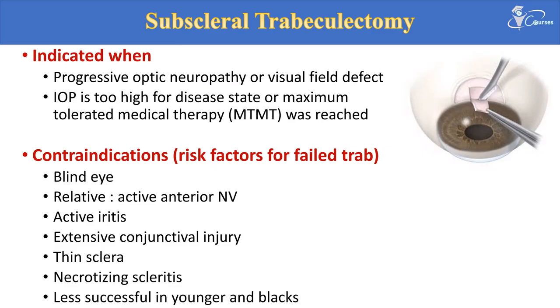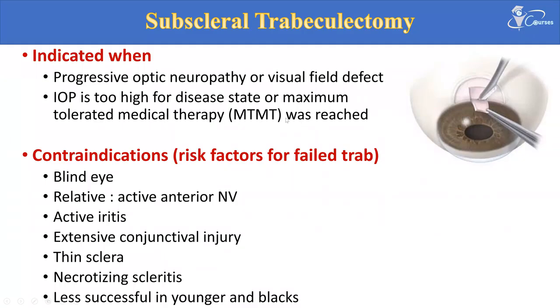So when should we do the subscleral trabeculectomy? The clear indication is when there is progressive optic neuropathy or visual field defect, and the intraocular pressure is too high for the disease, and the maximum tolerated medical treatment was reached.